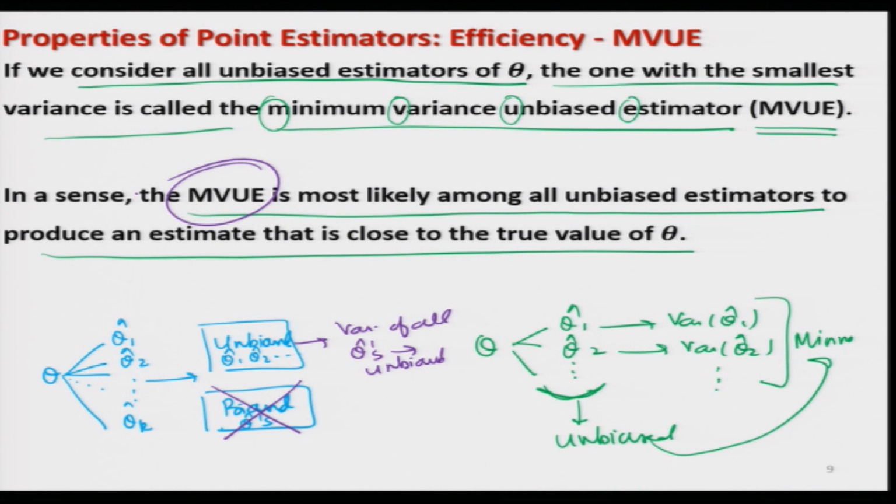That is the way we say that when the variance is low, we expect the estimated value to be closer to the true value.